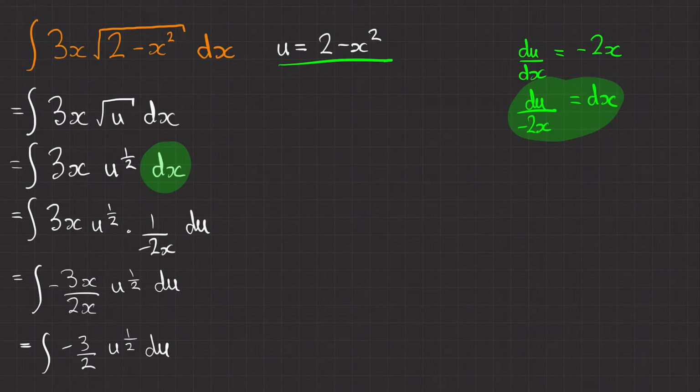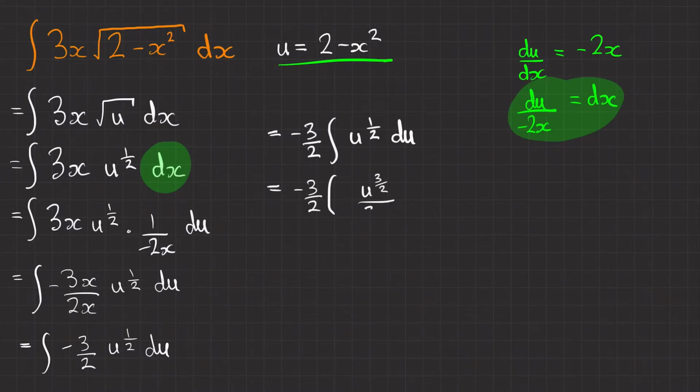I'm going to take that constant out of the integral, so we'll have equals minus 3 over 2 integral u to the half du. Integrate this now, so we'll have equals minus 3 over 2 lots of u to the 3 over 2 all over 3 over 2 plus c, which will give us minus 3 over 2 lots of 2/3 u to the 3 over 2 plus c.